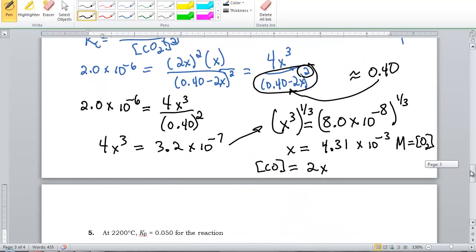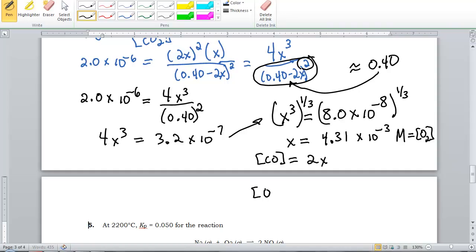Well, let's see if that is indeed the case. CO2 is 0.4 minus 2x. So 2 times your x value, subtracted from 0.4, and let's see what we get. And to 2 sig figs, I end up with 0.39 molar.